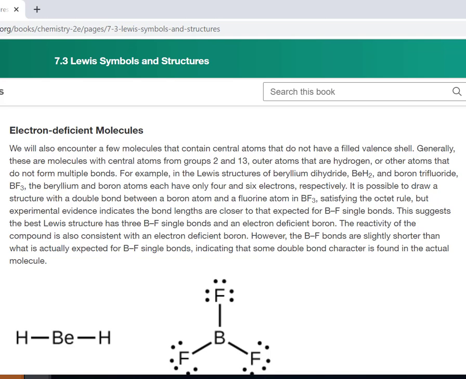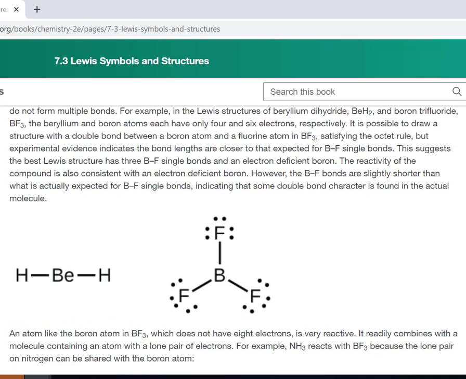We have some molecules that we say are electron deficient. What that means is they do not have 8 electrons on everything. They have less than that. Two of the more common examples are shown here.